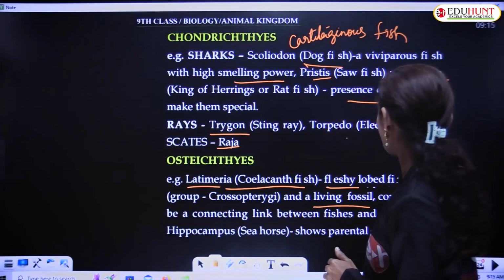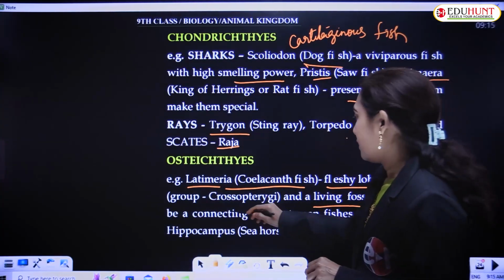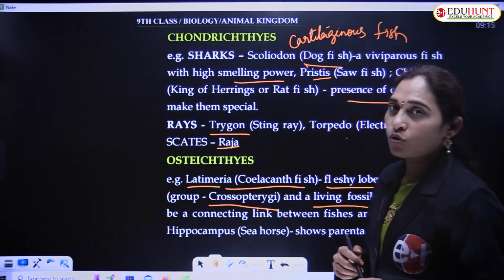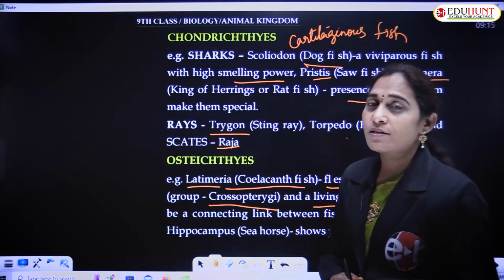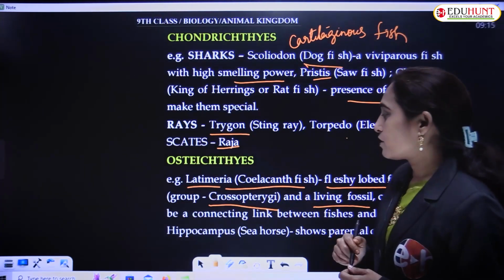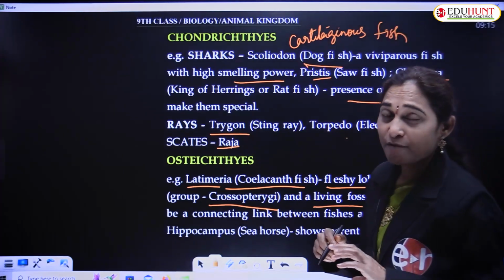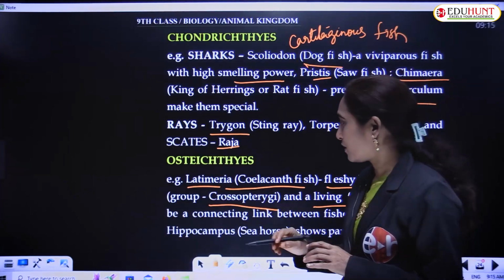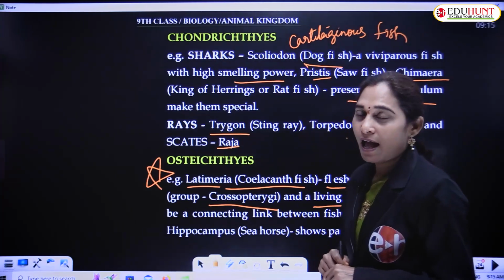It is a fleshy lobe-finned fish. It belongs to the group Crossopterygii, and it is considered a living fossil. It is an ancient fish and considered to be a connecting link between fish and amphibian.